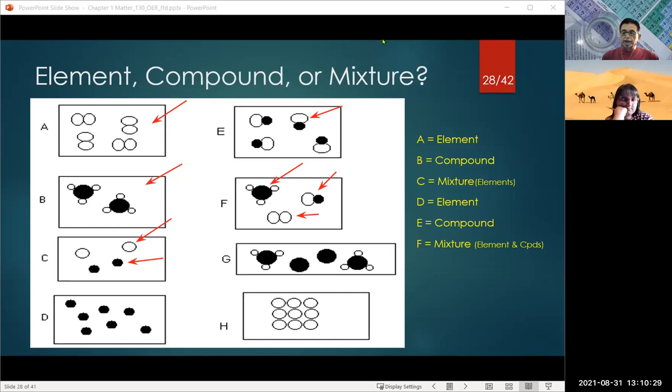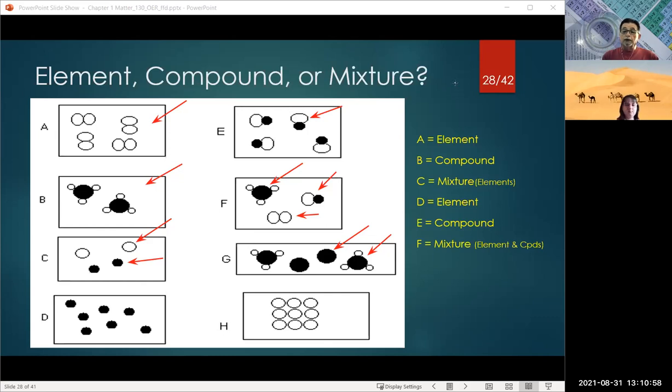And then G, we got a mixture again of an element of some sort and a compound. Again, you can see in that compound, the dark one is the central atom, and then the clear ones, the white ones, are 3 elements of some sort that are bonded around it.